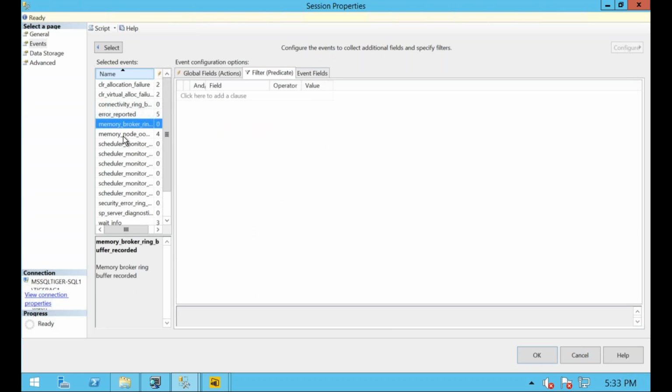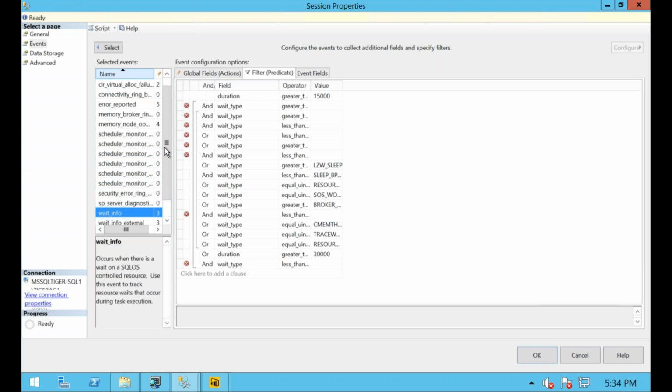If there is a memory-related issue, you would be able to come into these memory-related events and find out if a memory-related issue like an out-of-memory occurred on the SQL Server instance. You even get to see if there were any deadlocks on the scheduler, which means worker threads were not being picked up, which could be a very common reason for latency because there are no worker threads available to process the incoming log records. If there's a wait, you would get to see that.